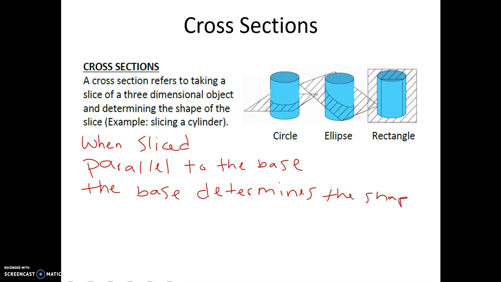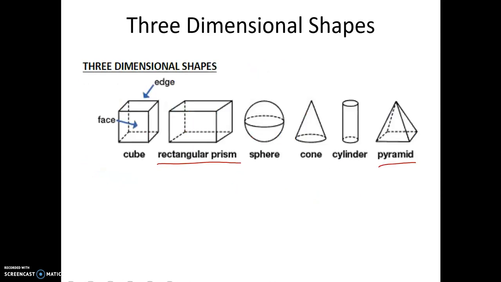So for instance, the base here in the first one is a circle, and so when you slice it parallel to the base, it did come out as a two-dimensional shape, which was a circle. If we looked at a rectangular prism, if we sliced it this way, it would be a rectangle.